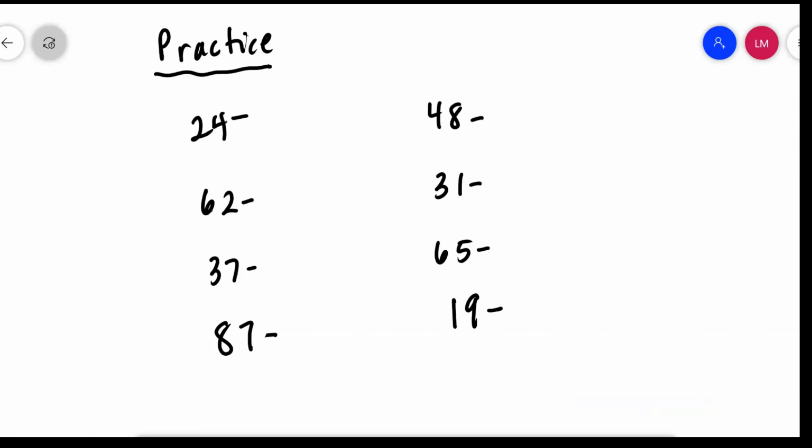Alright, so here's the solution. Basically, we know that the first one is a composite. 48 is a composite. It's a composite because it's divisible by 1, by 48, by 6, by 8, by 2, many of them.